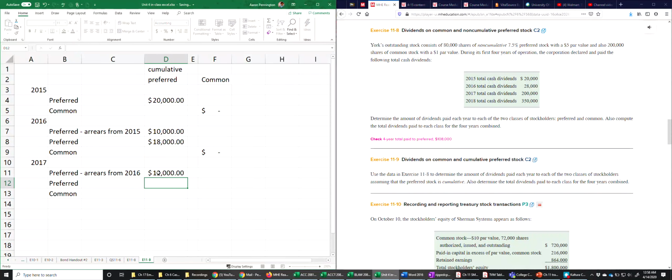So they're entitled to the difference between those two, or $12,000 in arrears, before the current year dividend comes into play.